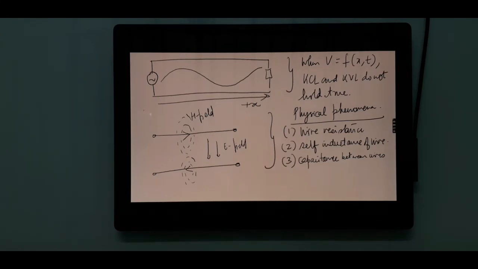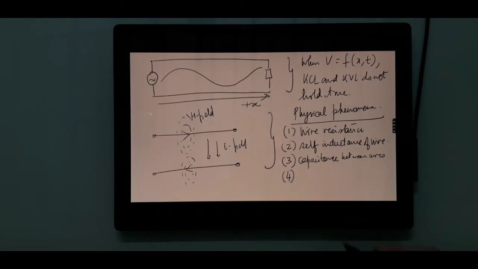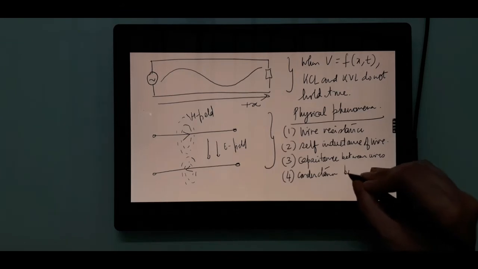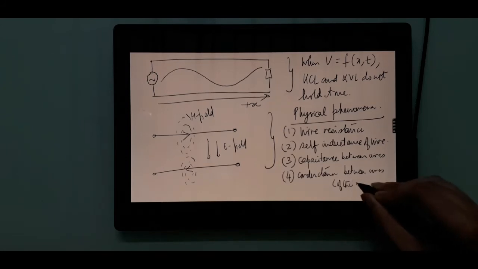So therefore, to model insulators which are non-ideal, just like you cannot have ideal conductors, you do not have ideal insulators also. No matter how good an insulator you have, it will always have some element of conductivity to it. So therefore, the fourth and final quantity is conductance between wires, or rather I should say of the medium.